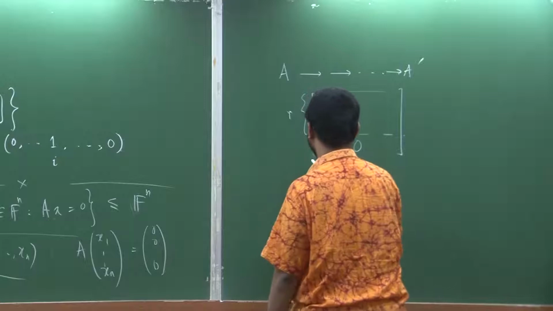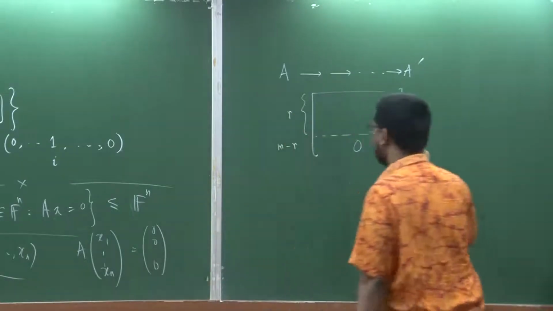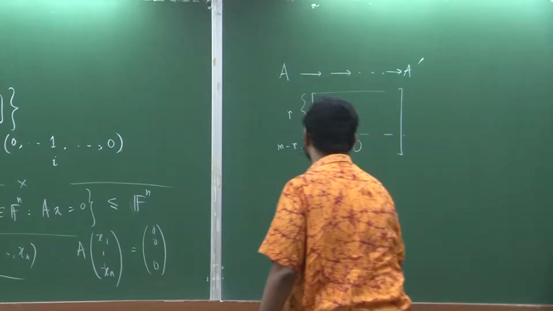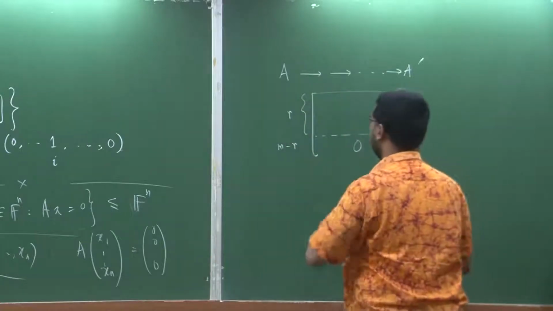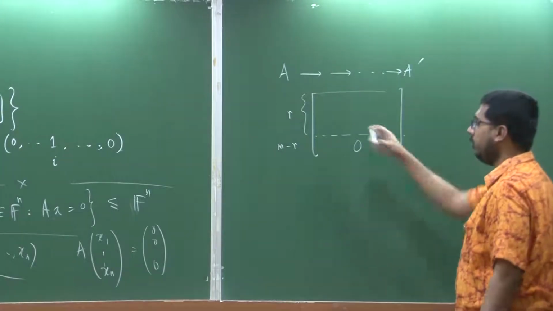This has order m by n, so we have m minus r possibly 0 rows. You can simply ignore the 0 rows. So now you have r non-zero rows.